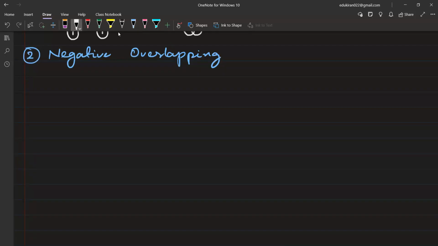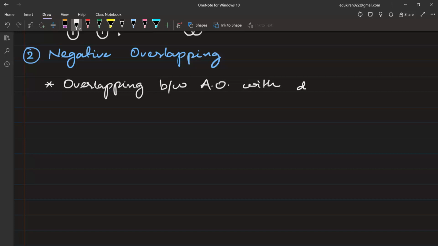So in negative overlap, please write overlapping between atomic orbitals with different sign of psi.